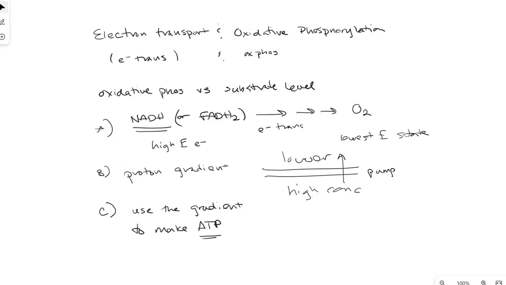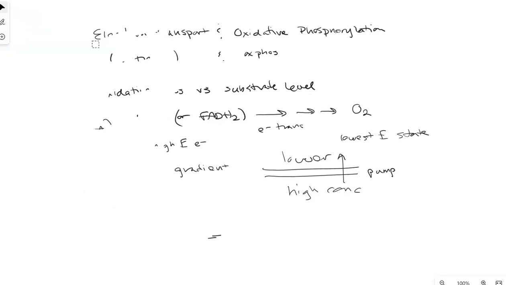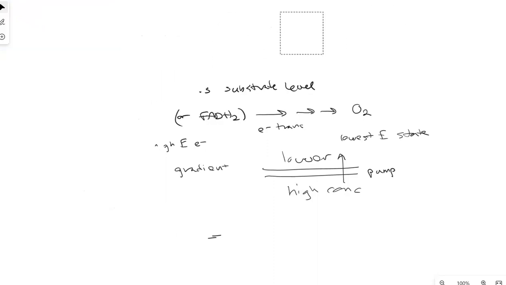Now, in eukaryotic cells, which is what we're going to be focusing on, electron transport and oxidative phosphorylation are localized in mitochondria. So you know what? Let me make a little bit of space here. There we go.